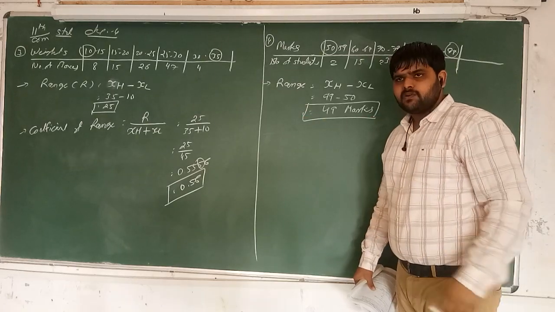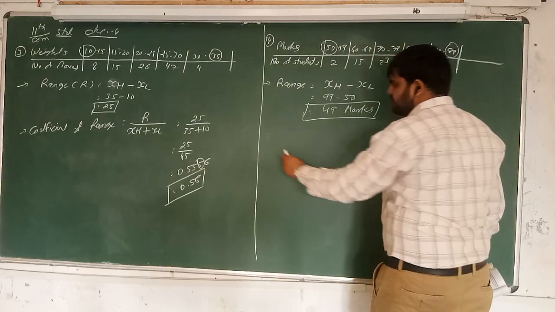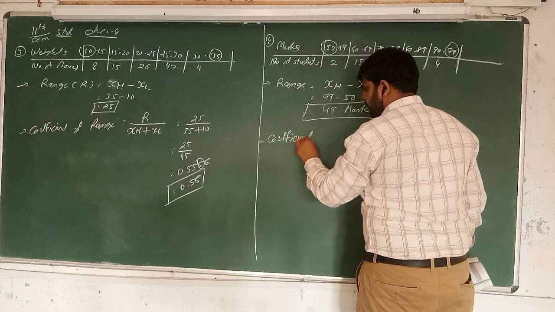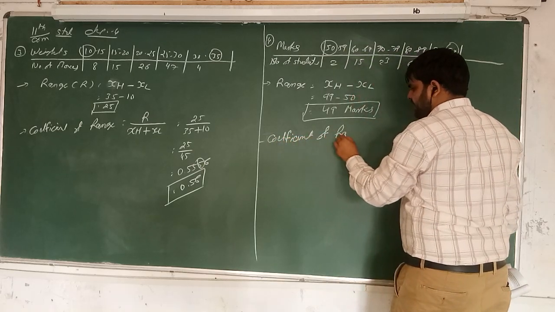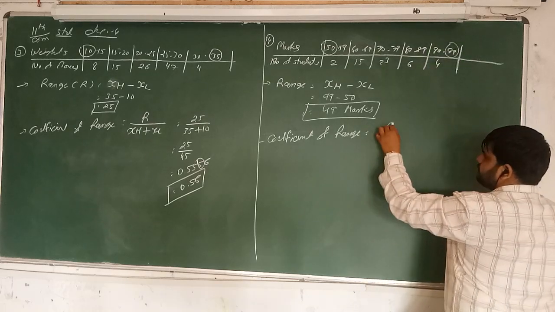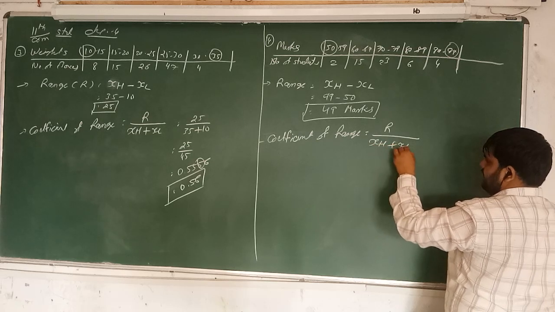Same for the coefficient of range. How can we find it? The coefficient of range is equal to R divided by XH plus XL.